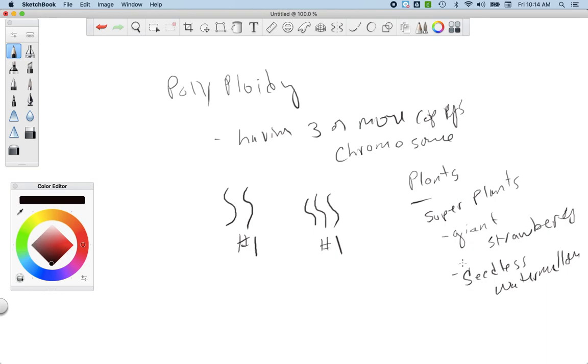We have to have ways to make the initial plant, but those plants are bigger, stronger, and grow better. It can also happen in a few animals. I mentioned goldfish and worms, but in most animals, polyploidy is not going to work. But in agriculture, if you are growing things like strawberries and watermelons, it's a very useful tool.